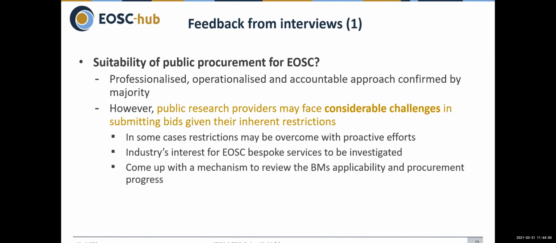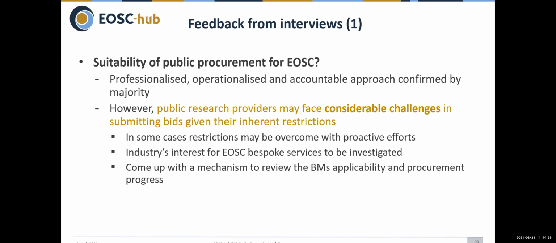The first main point was the suitability of public procurement for EOSC. The majority of the interviewees agreed to confirm this professionalized, operationalized and accountable approach, but there were a lot of people raising the point of considerable challenges that may be faced by the public research providers in submitting bids given their inherent restrictions.